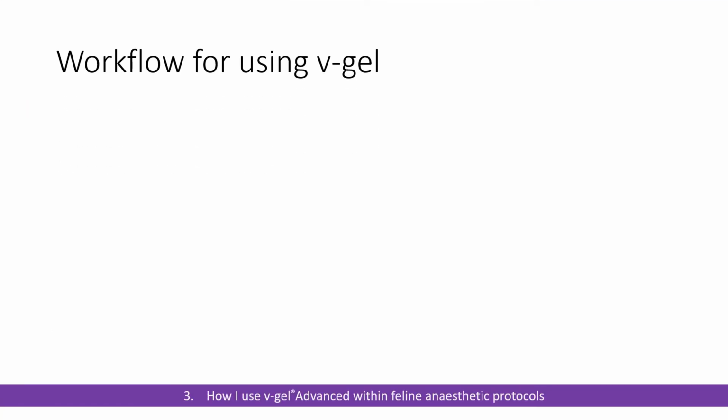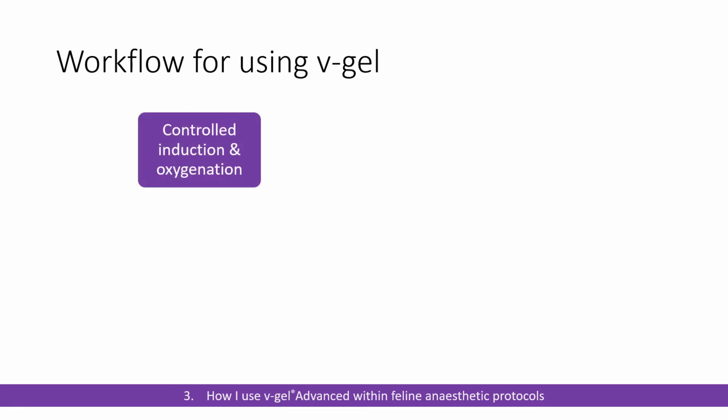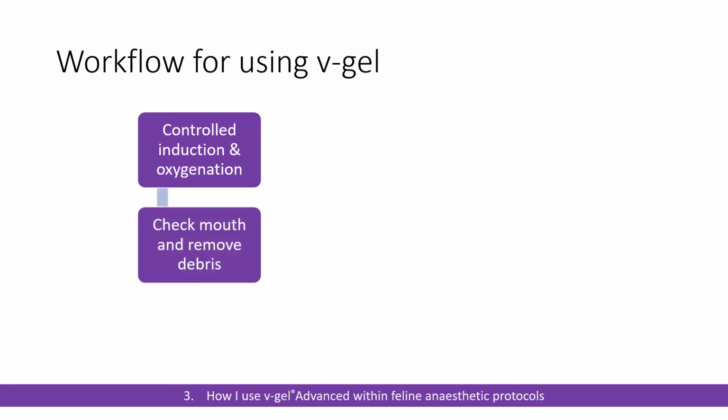The workflow for using a V-gel then. There is more detail on the Dechra website with some videos up there as well, but essentially what you do: controlled induction, preoperative oxygenation, as we were discussing. You want to make sure that after induction you check the mouth and remove any debris that's there.